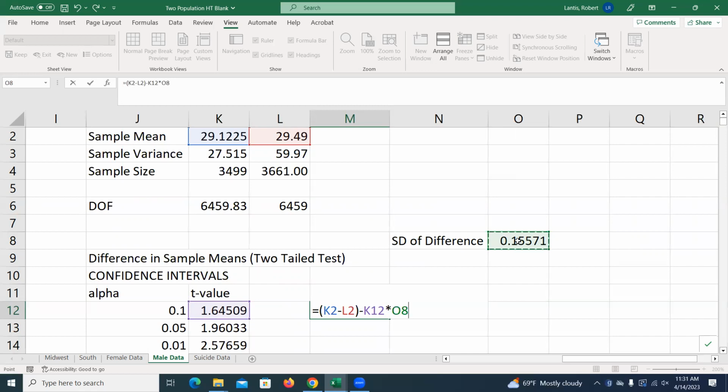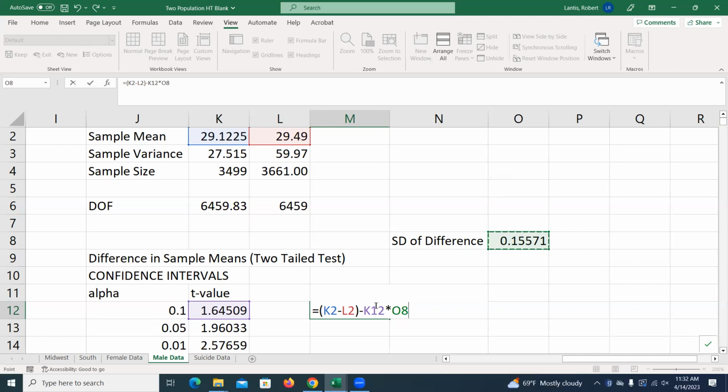My denominators are getting larger here, so it's going to get really small. So then I'm going to be adding and subtracting a really small margin of error. I should get a pretty narrow range of values, right? So before I hit enter here, I want to have this lower bound equation. I want to copy it down so I can get different levels of confidence. What's the only thing that I want to change at different levels of confidence?